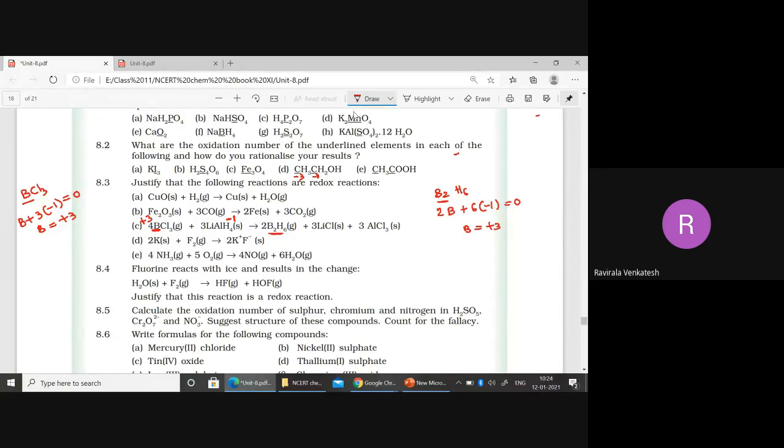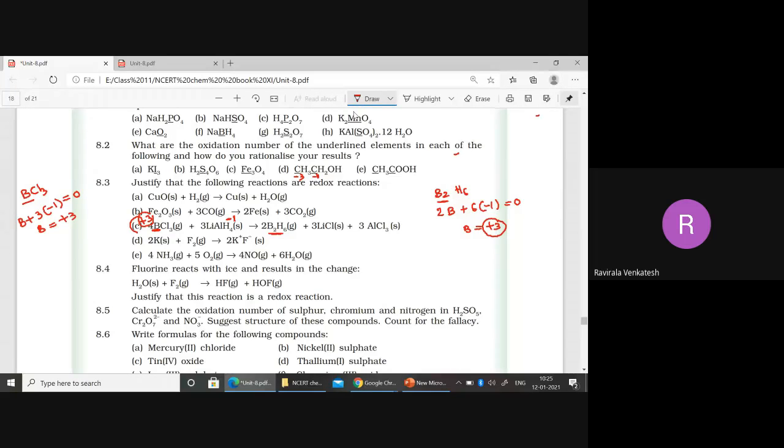Is any change occurring, beta, in C? In boron, +3 is converting into +3 only, correct or not? Are you observing any change? No, sir, no change. Then is it called oxidation, conversion of +3 into +3? No, sir. Is it called reduction? No, sir.